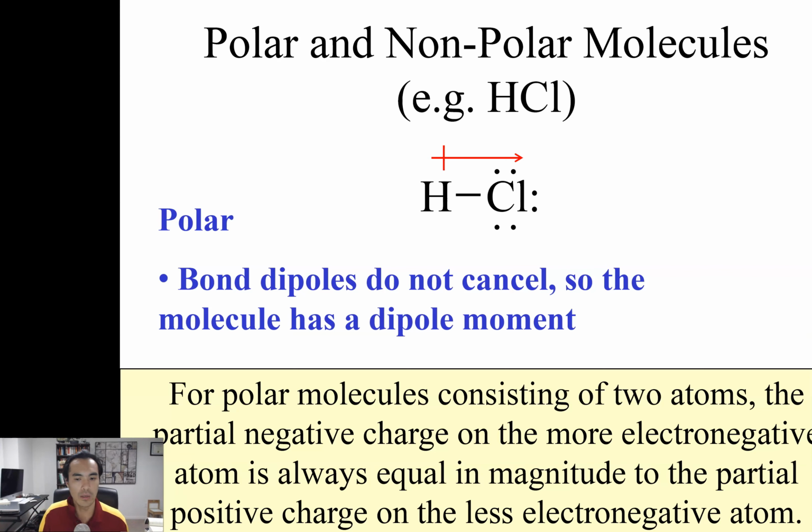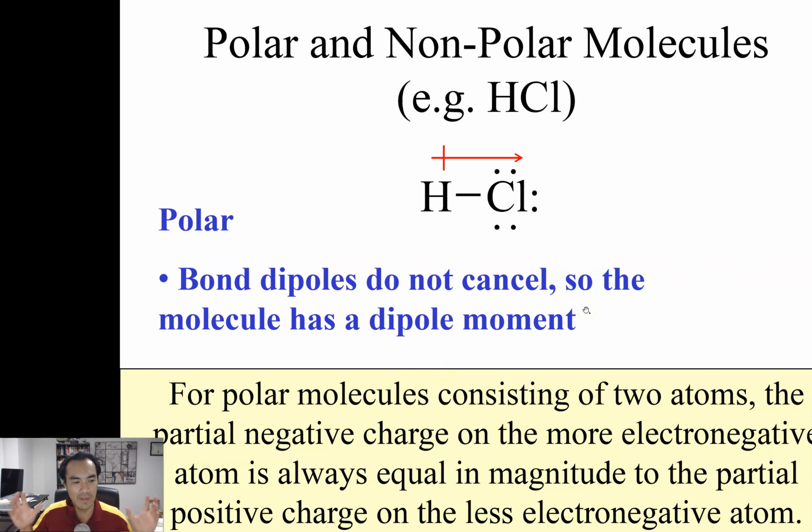So for polar molecules consisting of just two atoms, the partial negative charge on the more electronegative atom is always equal in magnitude to the partial positive charge on the less electronegative atom. So in this case, because the whole thing is considered to be polar, the partial negative charge is going to be equal in magnitude, but since the bond dipoles don't cancel, this molecule has an overall dipole.